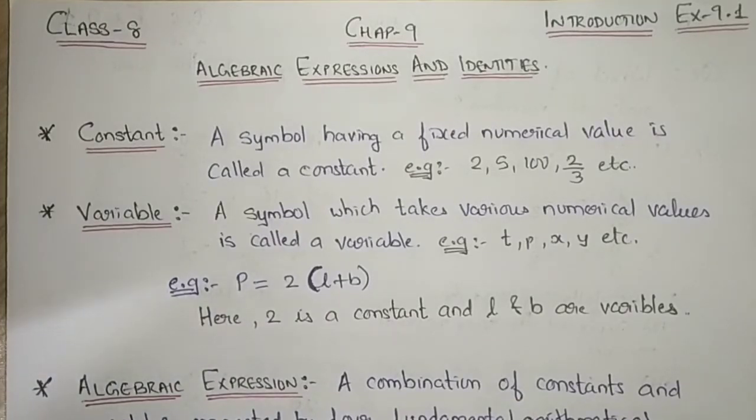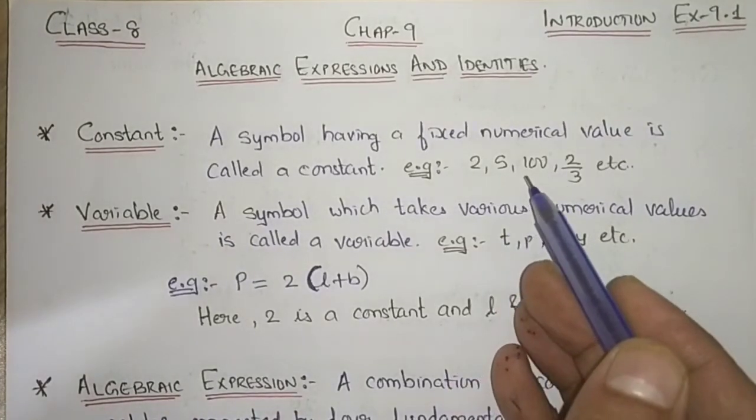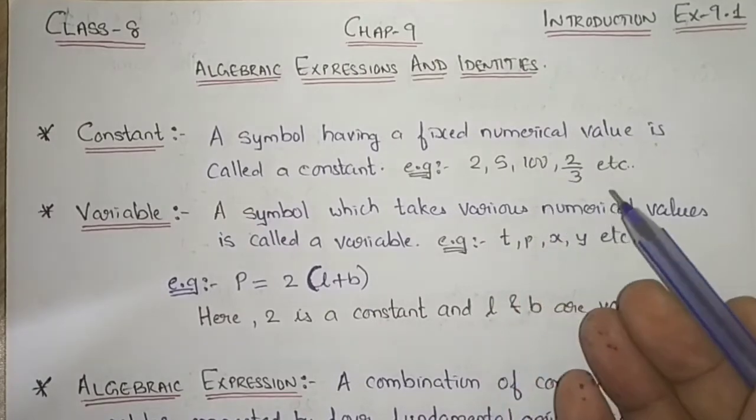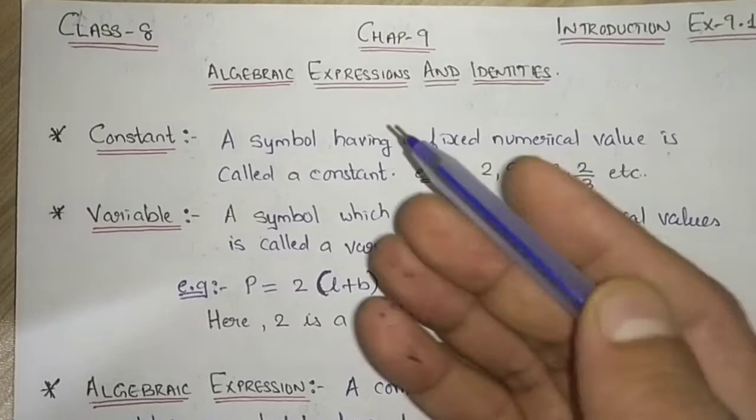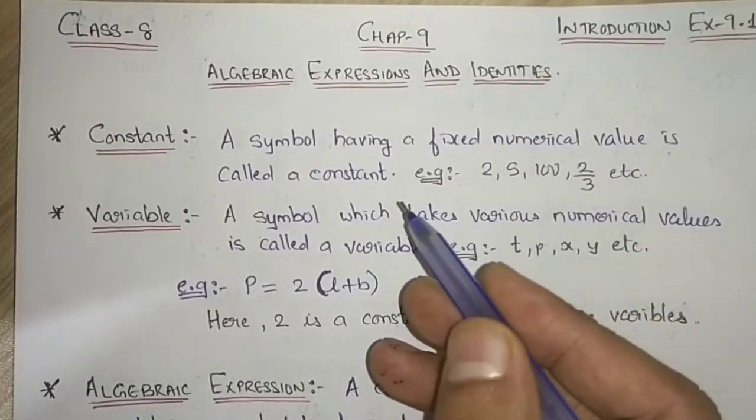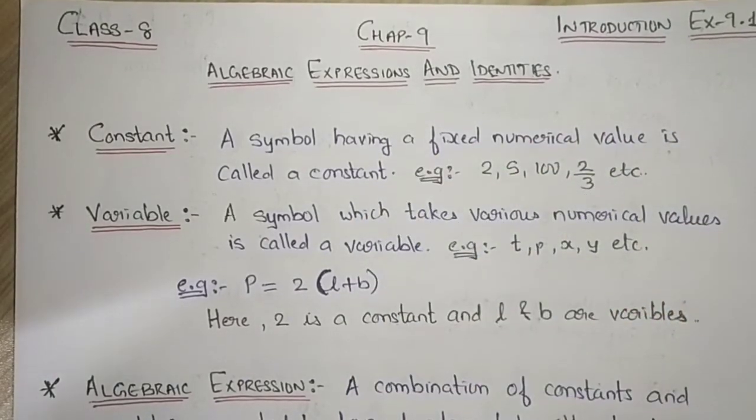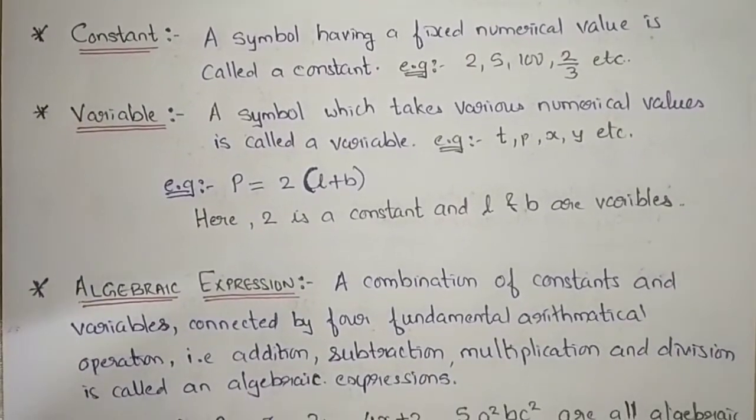Students, any symbol which has a fixed numerical value is called a constant. For example, 2, 5, 100, 2 by 3. Any symbol which has a fixed value which cannot be changed is called a constant. The second term is variable.